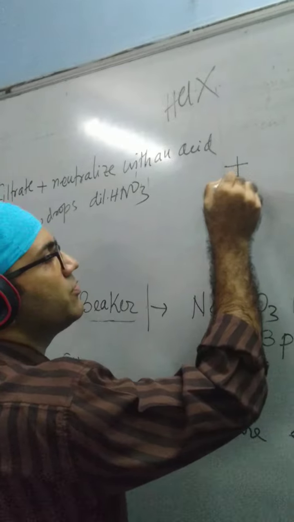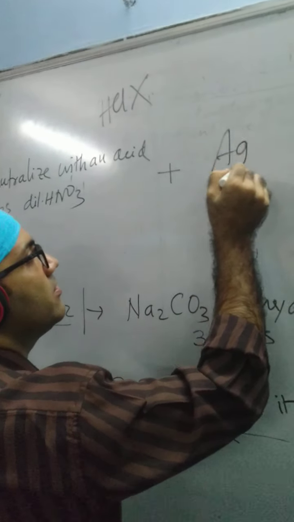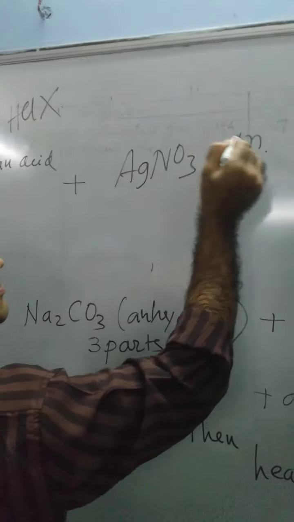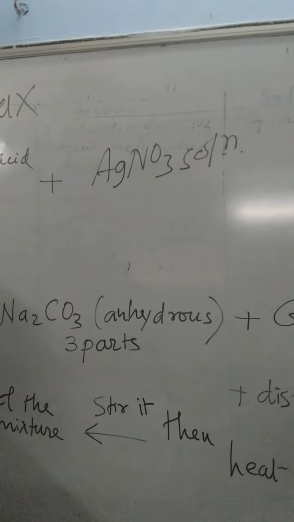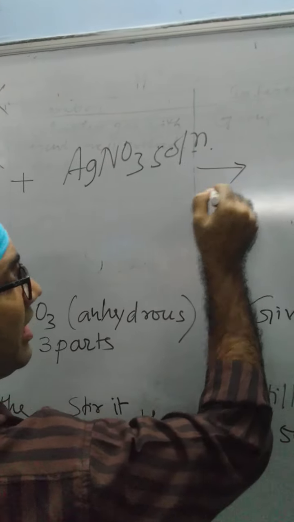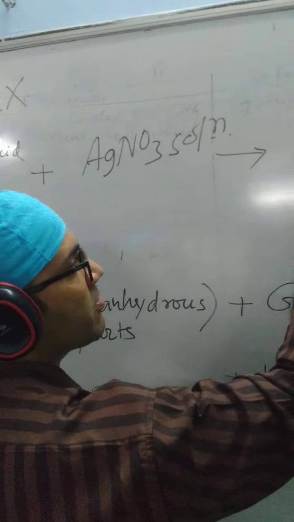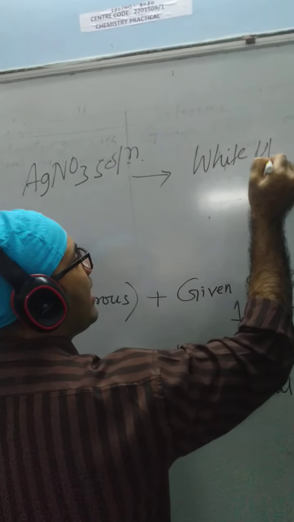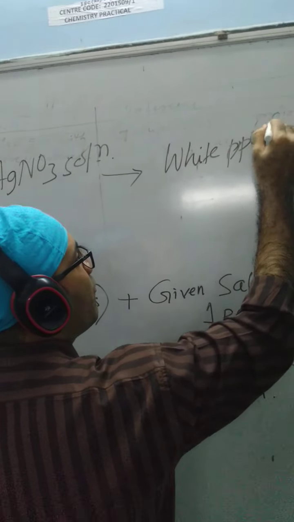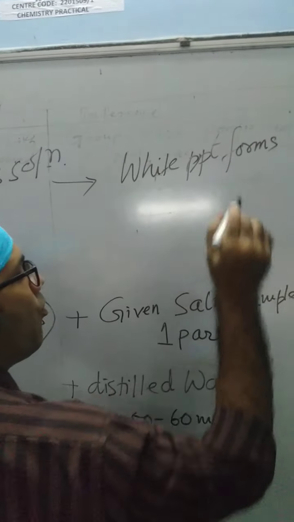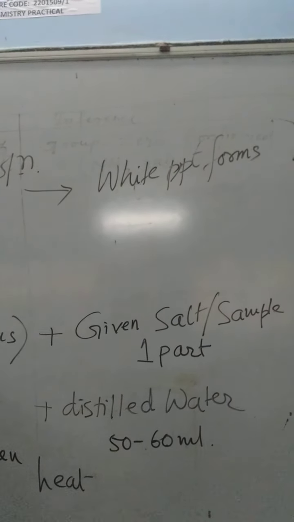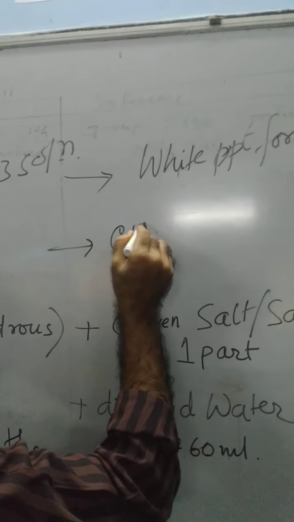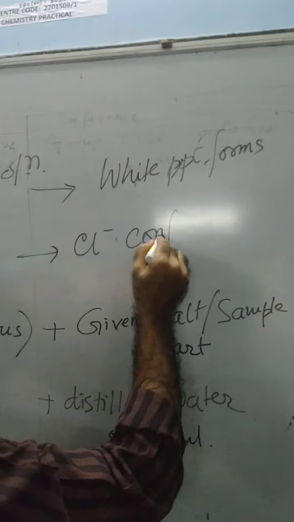After neutralization, we will add silver nitrate solution. Mind it, if the observation is a white precipitate forms, then we can say Cl minus confirmed.